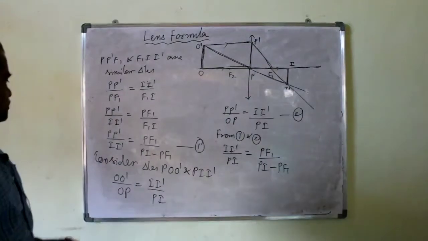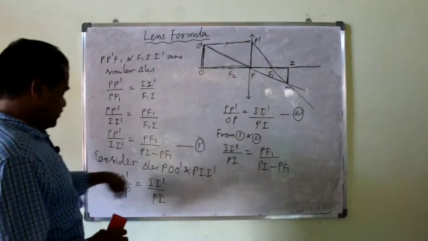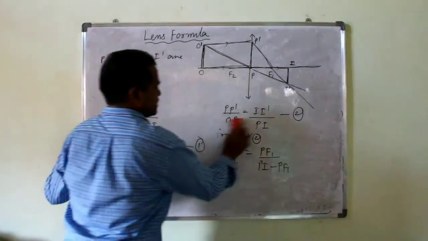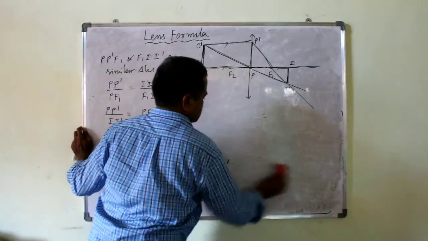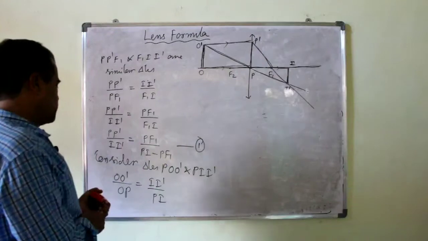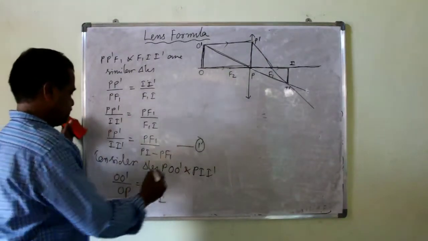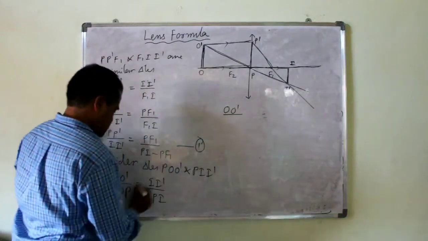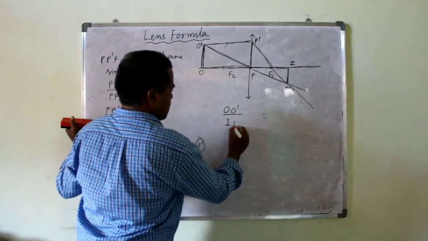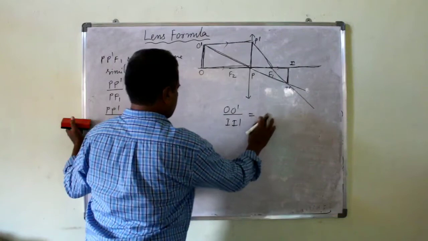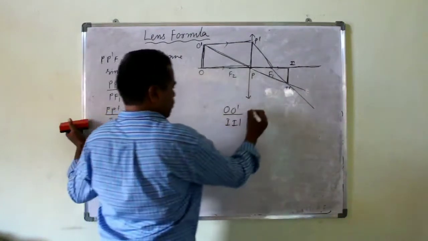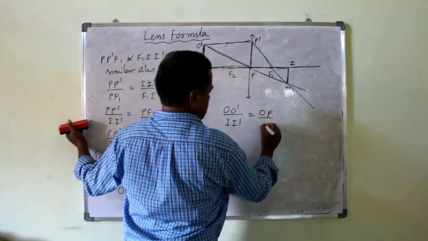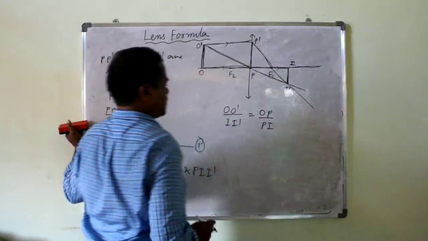Okay. So here we get cross multiplication. PP' by I' is equal to OP by PI.